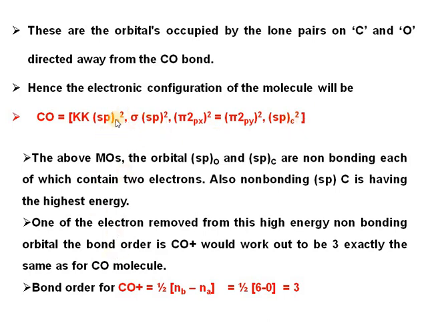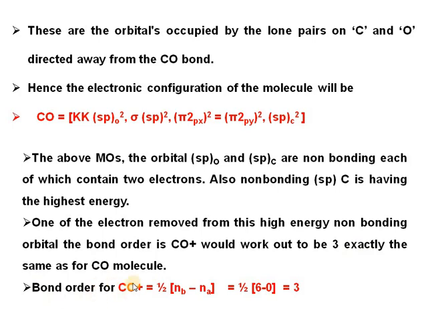From these two non-bonding electrons we can remove one of these electrons from the higher energy non-bonding orbital, and the bond order of CO plus would be 3, exactly the same as the carbon monoxide molecule.